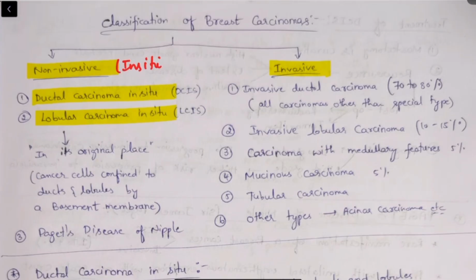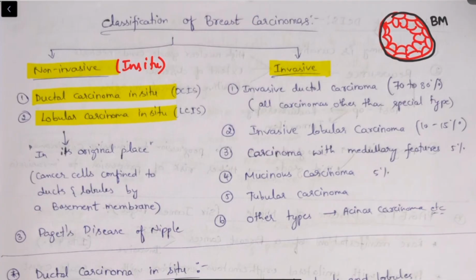What is in situ? Basically I have told you, like this is a duct, there are myoepithelial cells, after that there are luminal cells. Surrounding this, the main thing is the basement membrane, which I am drawing now in black. So whatever the cancer is, it will be within this duct.